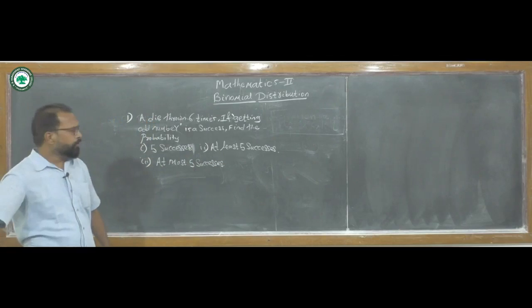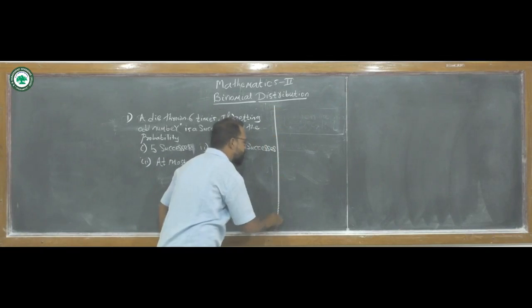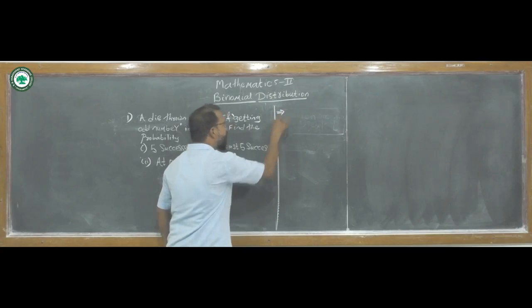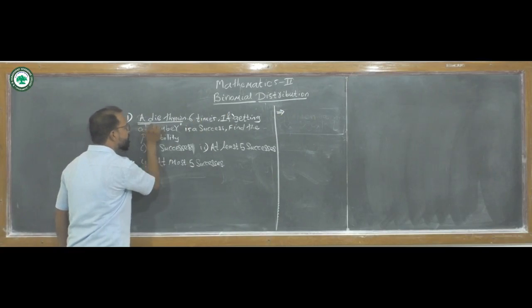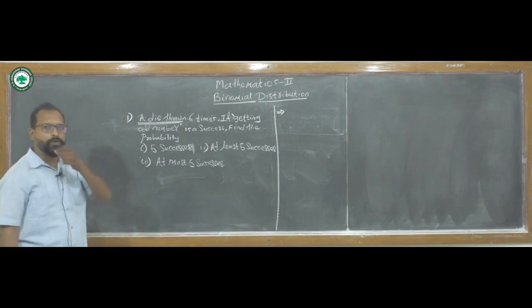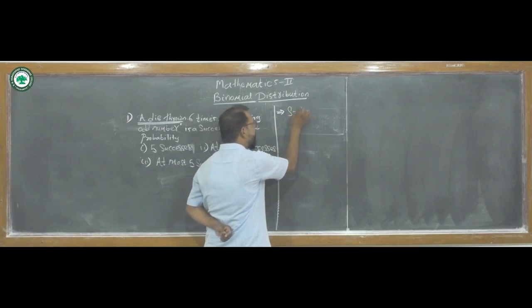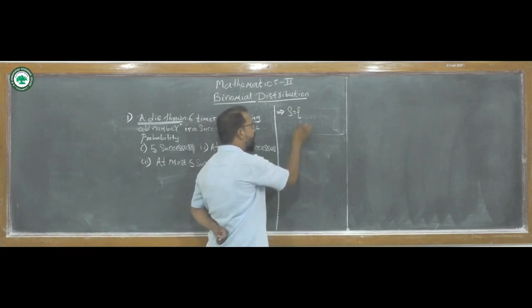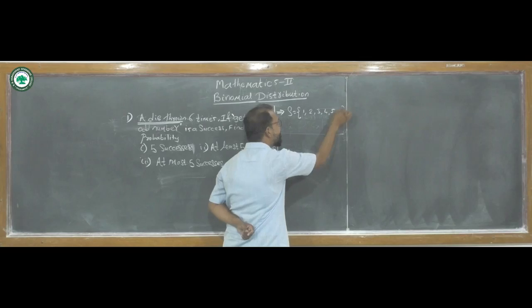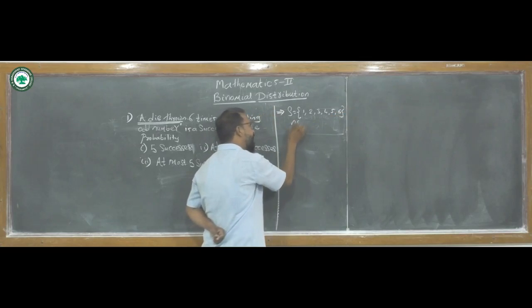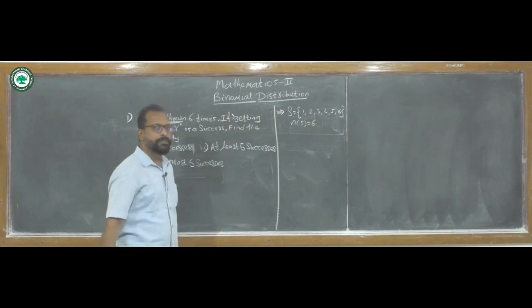Now here consider a trial of tossing a die. We know that the sample space of tossing a die is 1, 2, 3, 4, 5 and 6. Clearly here n of S is 6.